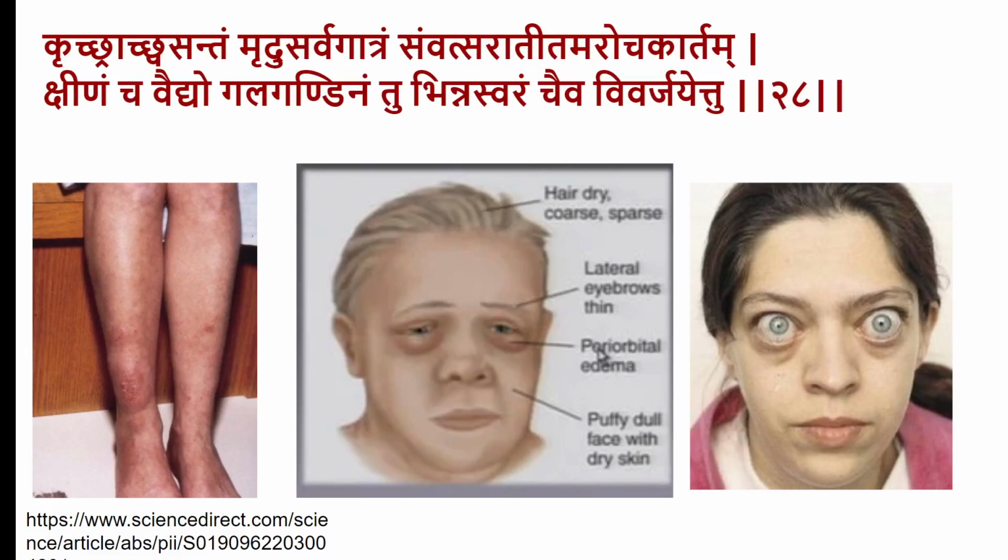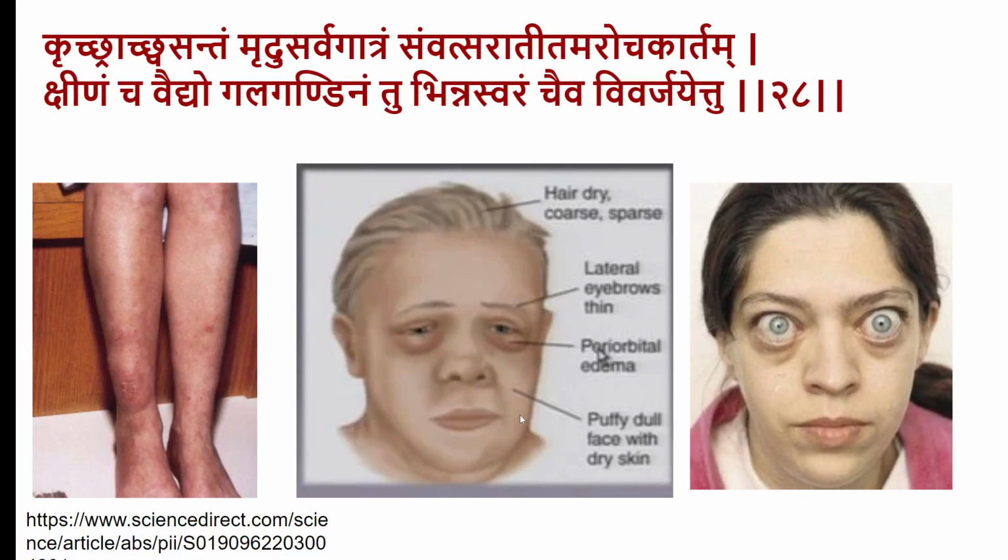Now, a Galaganda which presents with Mrudu Sarvagatra, where the whole body is softer and has a bulky, edematous appearance, that's what we call myxedema, which is a typical clinical sign of hypothyroidism. And hypothyroidism also would have a facial expression where the eyebrows are thinner and there is periorbital edema.